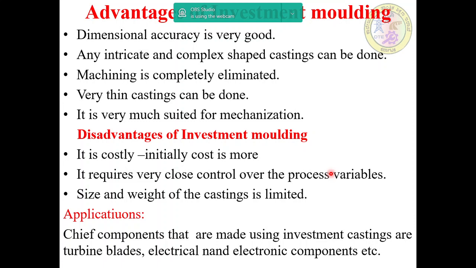It requires very close control over process variables, and the size and weight of the castings is limited. Chief components made using investment casting are turbine blades, electrical and electronic components, aerospace parts, and surgical instruments.